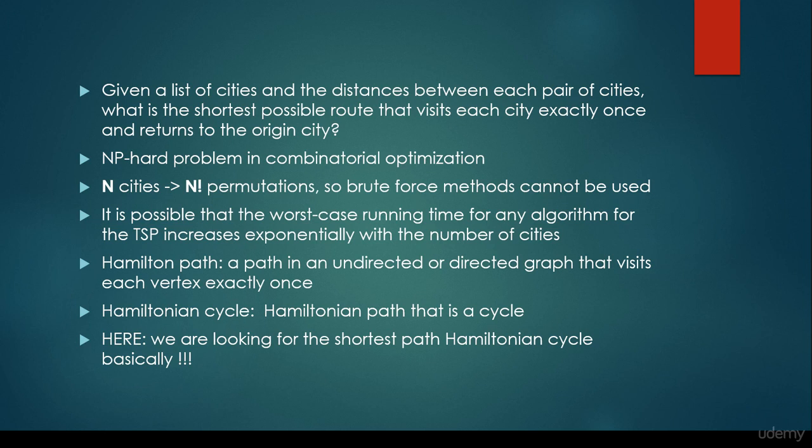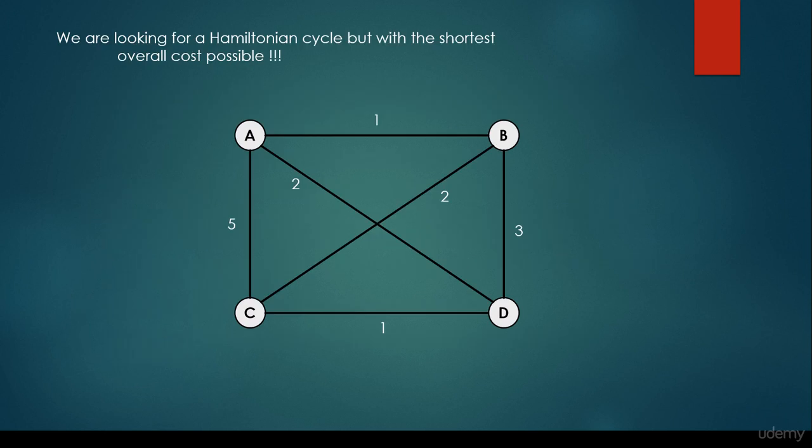Of course, for a graph several Hamiltonian cycles can be constructed, and we are looking for the one that has the overall shortest path, so the sum of the edges will be minimum.